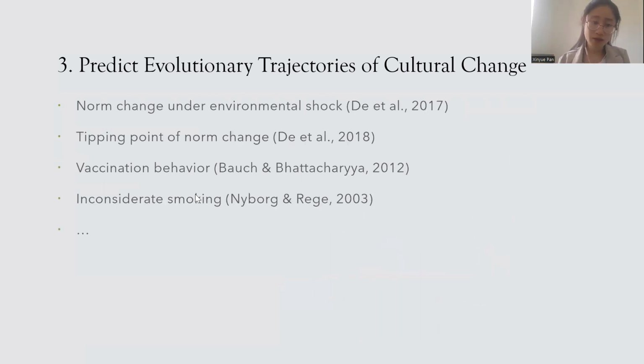And there are also other examples. For example, EGT models have been used to study norm change under environmental shock, and tipping points of norm change. In this example, they compared under what circumstances norms will change gradually versus slowly but with an abrupt change. And it can also be used to study specific norms such as vaccination behavior and smoking behavior.